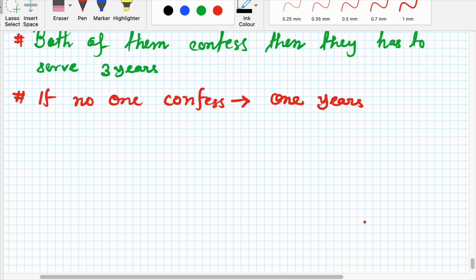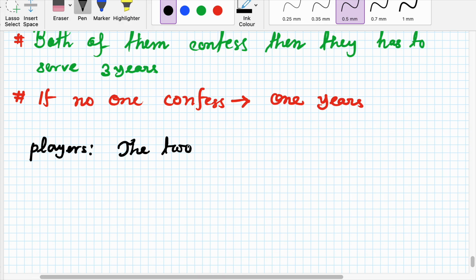Now if you think about this situation, anyone can write it in terms of a game. So what are the players? The players are the two suspects.